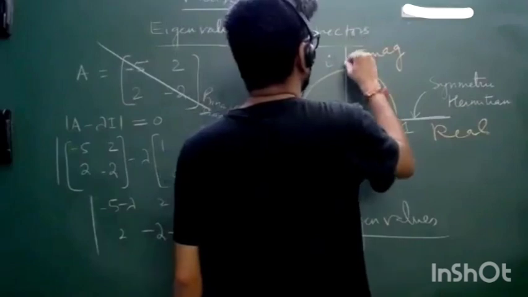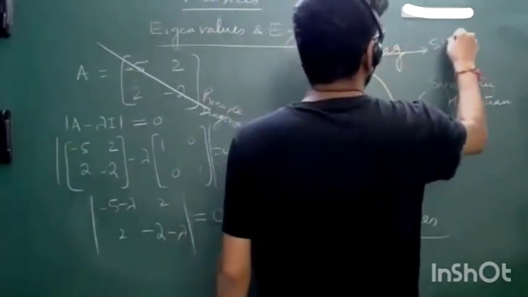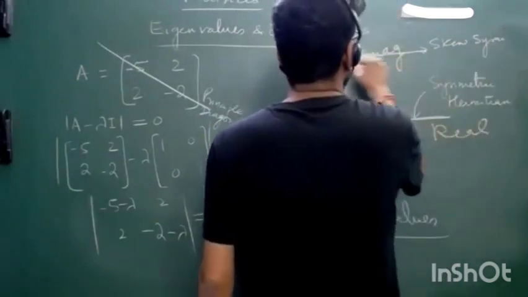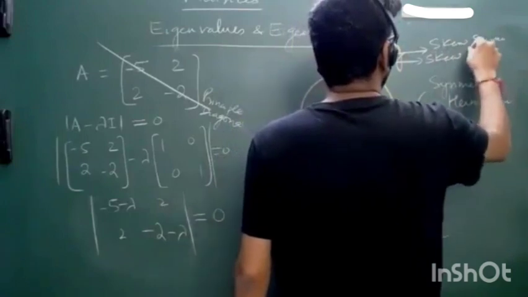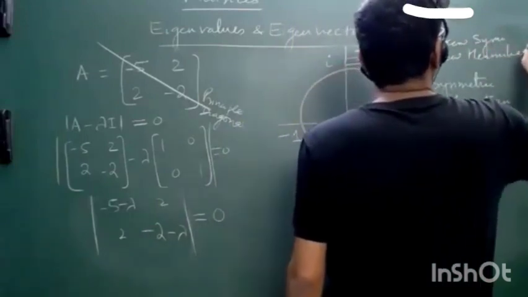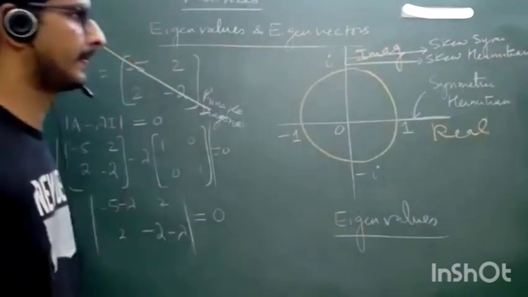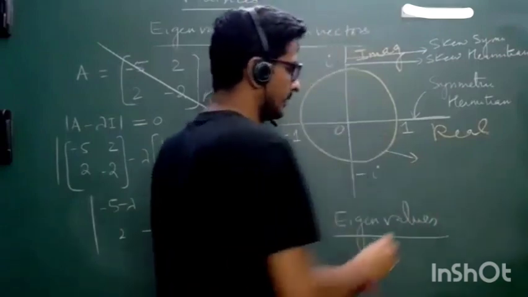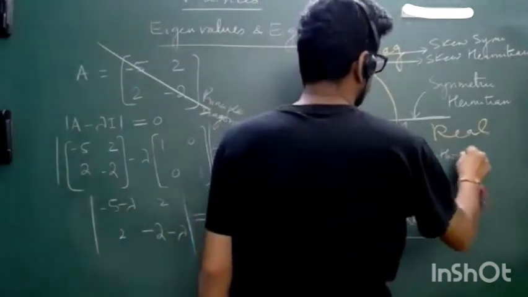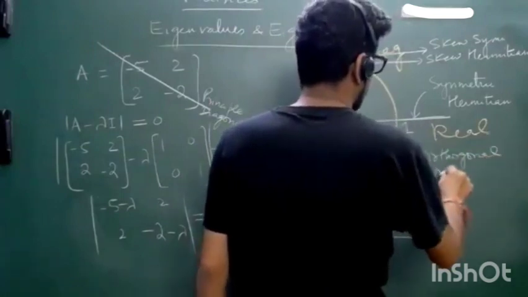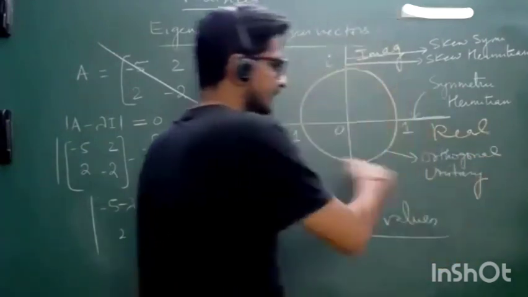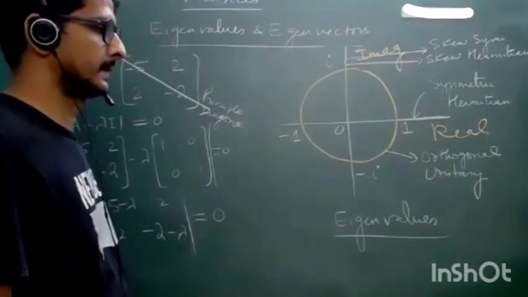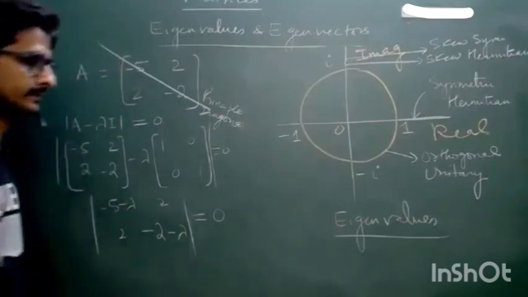All eigenvalues of skew symmetric and skew Hermitian will lie on the imaginary axis, and eigenvalues of orthogonal and unitary matrix will lie somewhere on this unit circle.